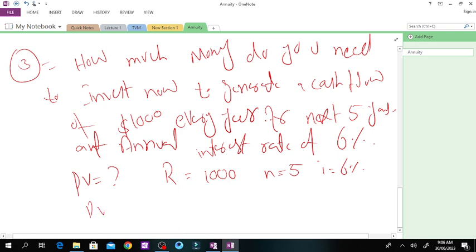So what would be the case? R you have 1,000. Remember that they're saying how much money do you need to invest now to generate a cash flow every year. So guys, you just need to remember that if we have a clear case at the end, then you will solve it as an ordinary case.